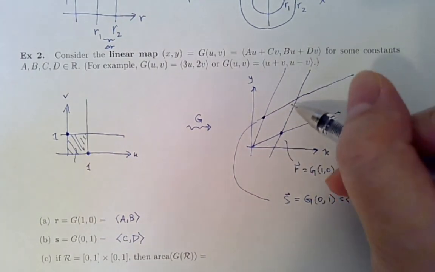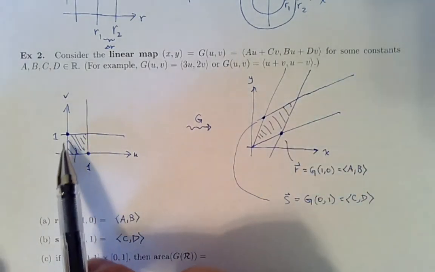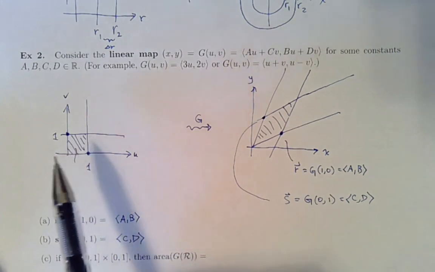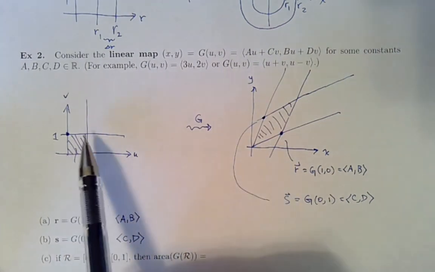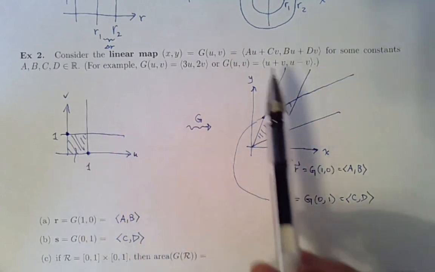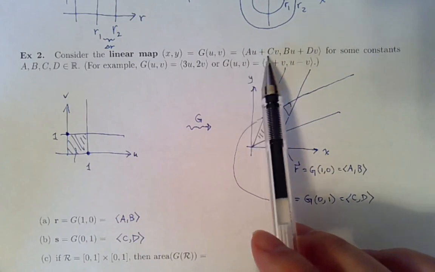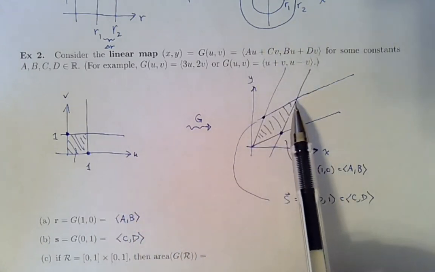Okay, so this parallelogram is what happened to this unit square. You can think about this 0, 0 is still here. If you put in 1, 1, you would get a plus c, b plus d. So you add these two vectors and you get that point there.